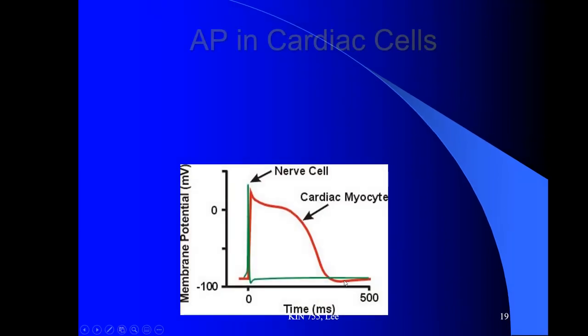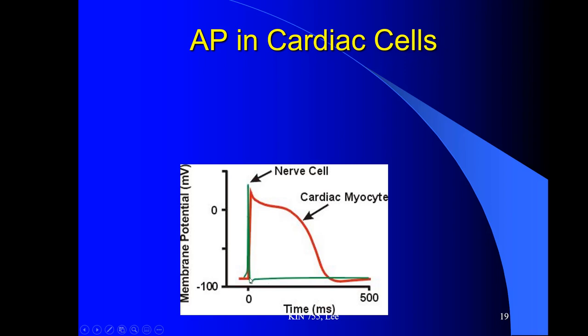So if we compare that to what goes on in a cardiac muscle cell, you can see that there's a pretty big difference. The green line represents a neuron: quick depolarization followed by a quick repolarization, and it's done relatively quickly.